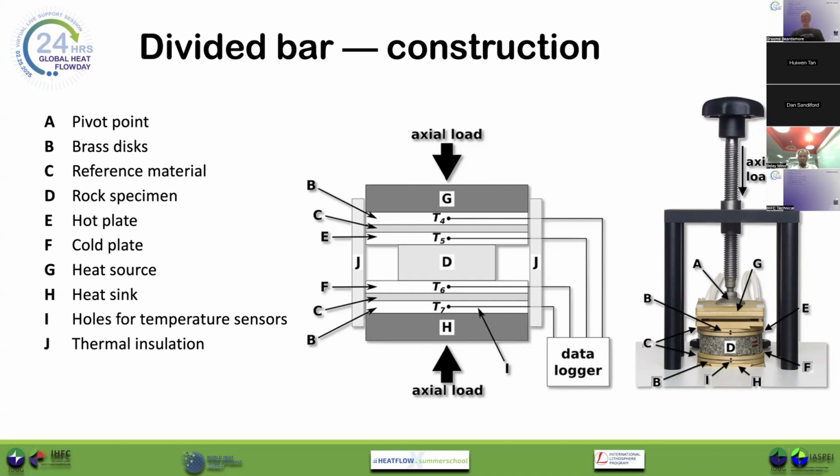So in an inflexible divider bar, the surfaces need to be exactly parallel. That's very hard to achieve in a lot of cases. So a good divider bar will allow some pivoting of the top plate so that it can account for slight non-parallel surfaces.